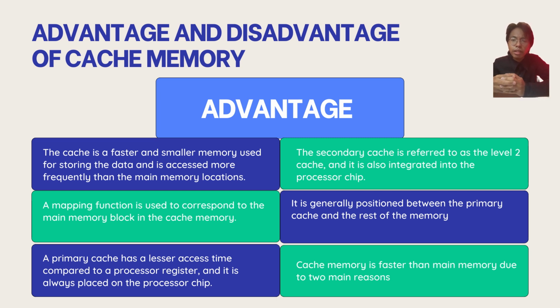Thirdly, a primary cache has a lesser access time compared to a processor register, and it is always placed on the processor chip. The fourth one, the secondary cache is referred to as the level 2 cache, and it is also integrated into the processor chip. The fifth one is that it is generally positioned between the primary cache and the rest of the memory. And the last one is that cache memory is faster than the main memory.